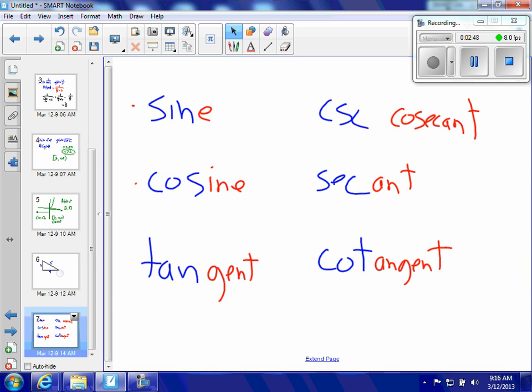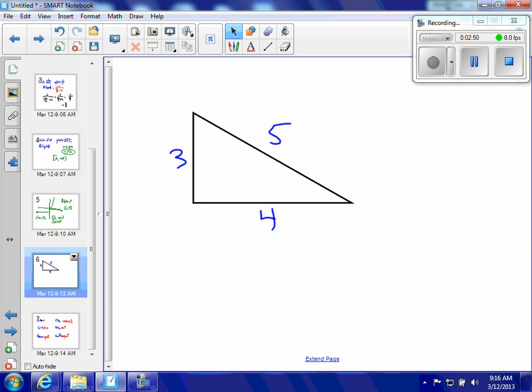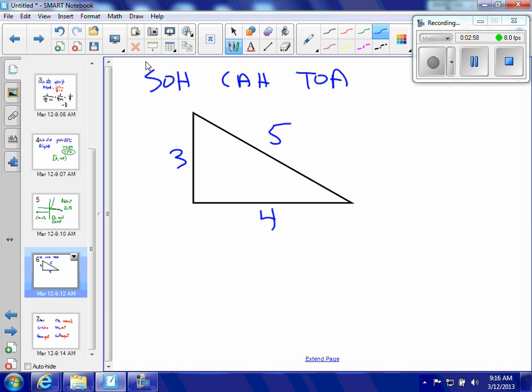What is this mysterious sine and cosine? Do you recall SOHCAHTOA? Sine, opposite over hypotenuse. Cosine, adjacent over hypotenuse. Tangent, opposite over adjacent. So I'm going to call this angle right here angle theta.